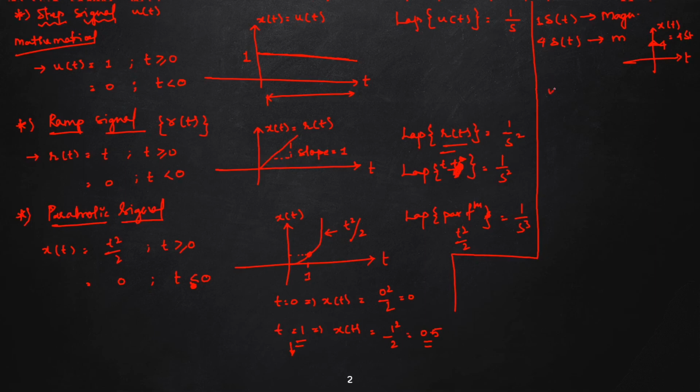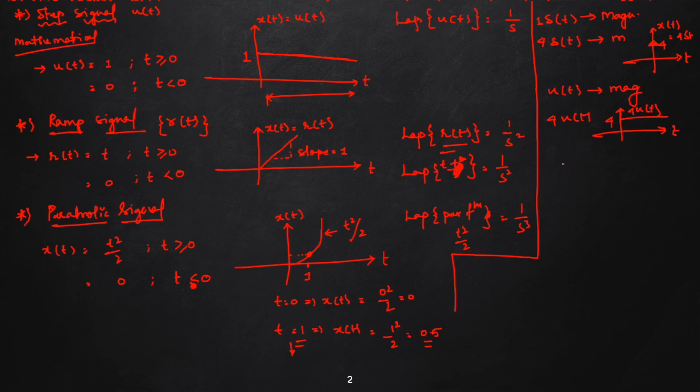The u of t coefficient also indicates the magnitude value. If I have 4 u of t, then the representation would be something like this. u of t will always be a causal signal, that is, it will always be available after t equals 0. So the magnitude will be 4 here. This represents the 4 u of t signal.